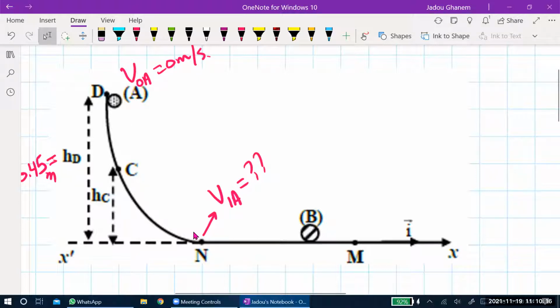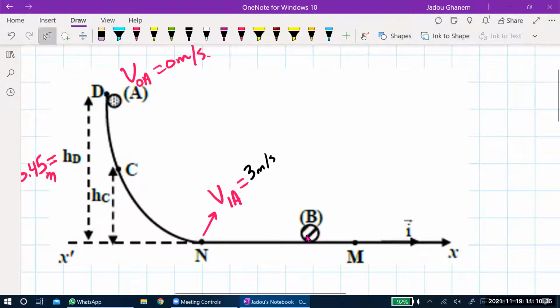A reaches N and moves along the path NM. So it's going along this path to the right side with the velocity V1A that we just found, which is 3 meters per second. So it's just moving to the right side.